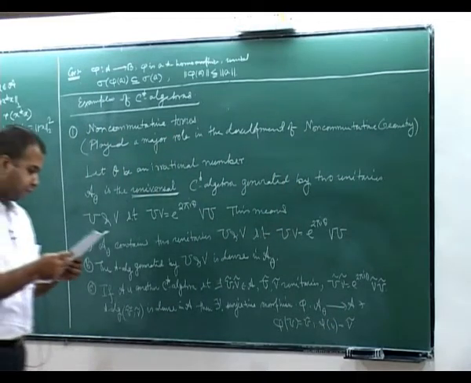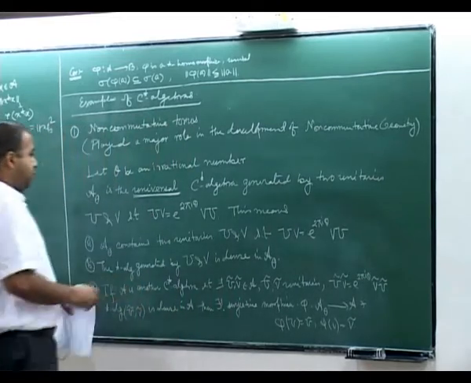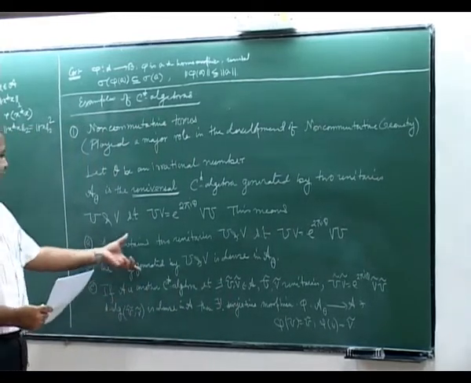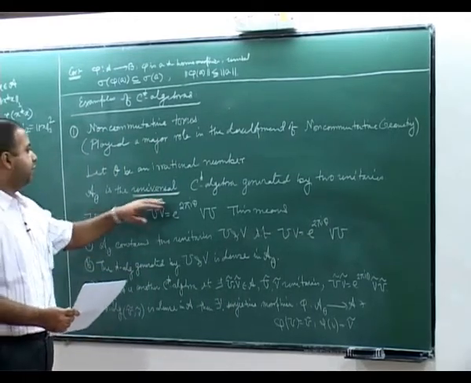So this is the meaning of the first two lines, generated by U and V, and the third line stands for this universality.